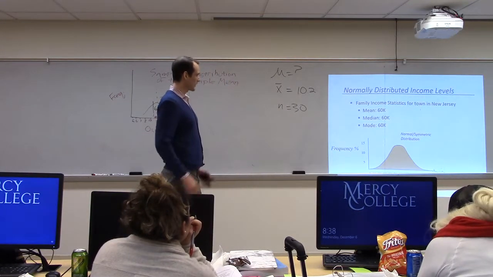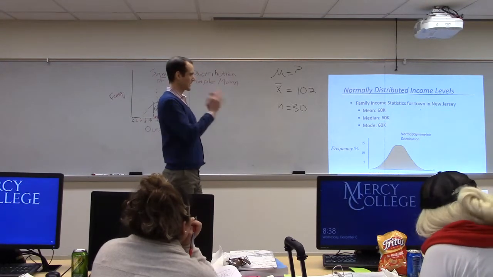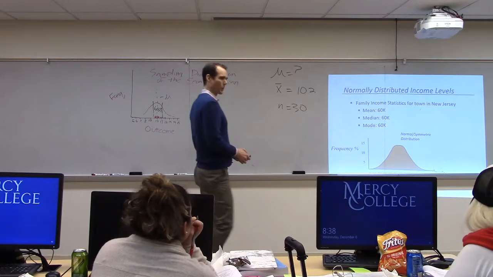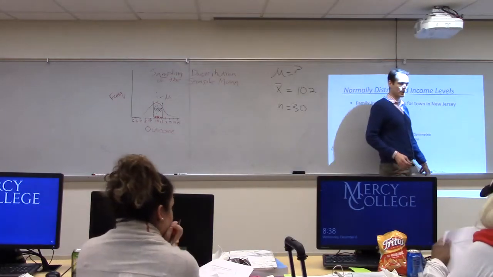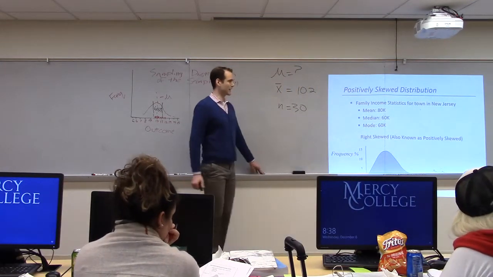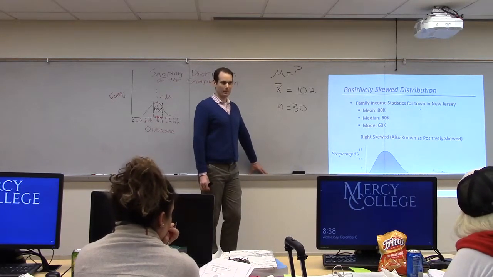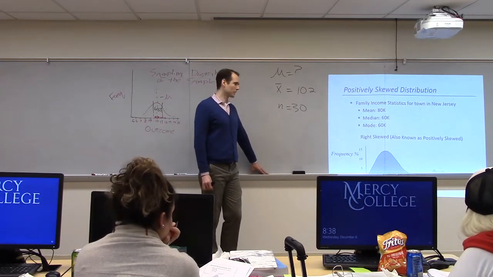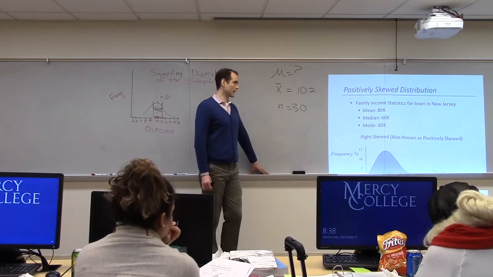Okay, so this would work if we're trying to find average income in a town in New Jersey that has a normally distributed income. The sampling distribution of the sample mean would work. It would also work if this income distribution is not normal. Suppose we have a town with a skewed income distribution.